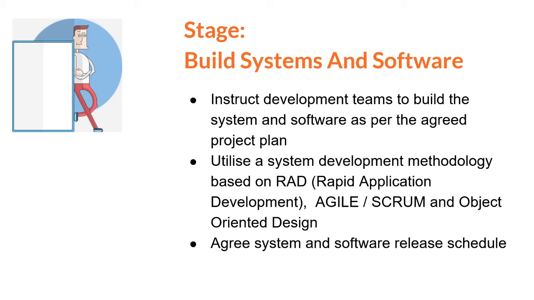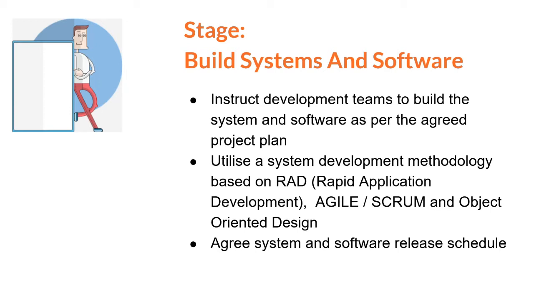Okay, next stage is to deploy the systems and software. In this stage, we install the systems and software on our target systems, organise installation and delivery of initial systems to customers or production sites.